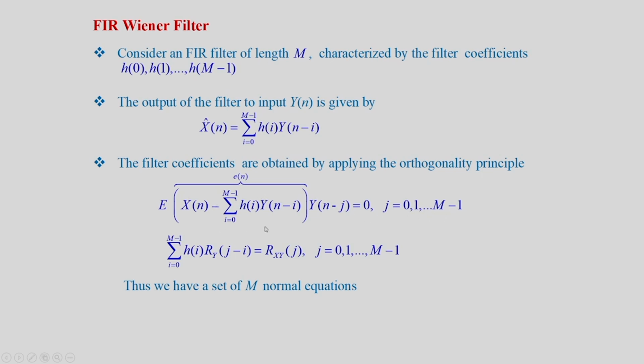So, this will give now the Wiener-Hopf equations, that is, if we take the expectation now, we will get summation i going from 0 to m minus 1 of h i into r y j minus i will be equal to r xy j, where j is equal to 0, 1 up to m minus 1. So, this set of equations are the m normal equations or Wiener-Hopf equations, and we have to solve these equations to find out the filter parameters.